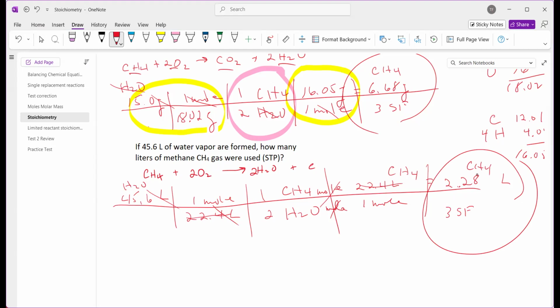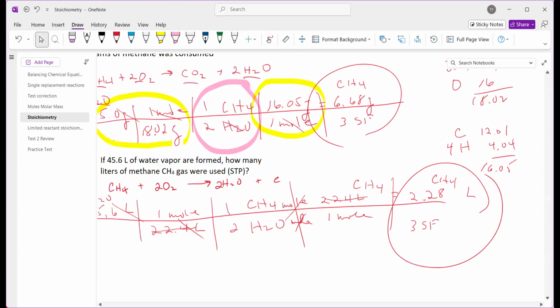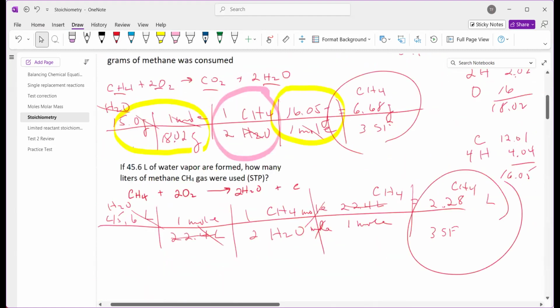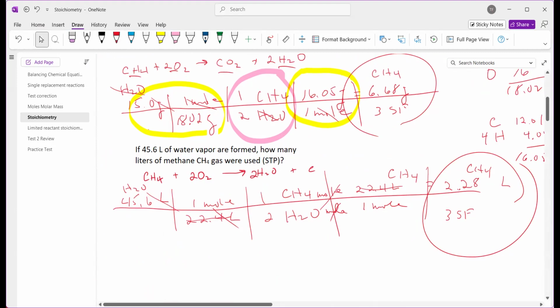Yes, your hand was raised. 8.28. Yeah, it's always been 22.4, unless it's non-standard temperature. Then it can be anything. So when it's at standard temperature, it's always 22.4. And when you get into 1A and 3A, it's never going to be standard temperature and pressure.